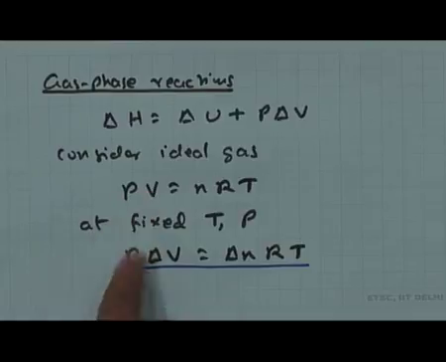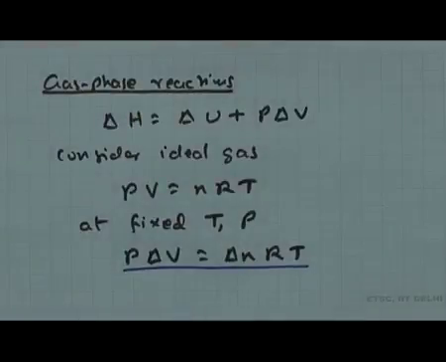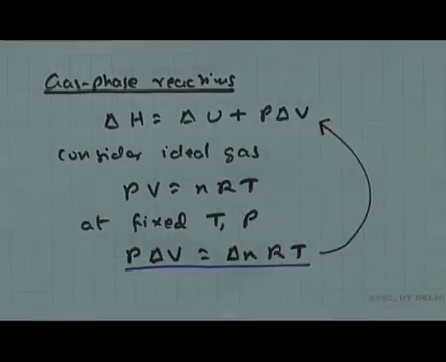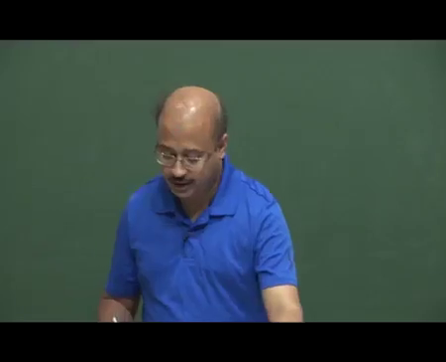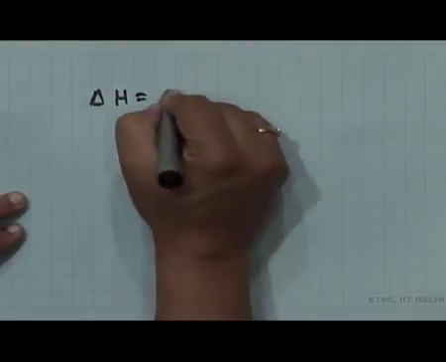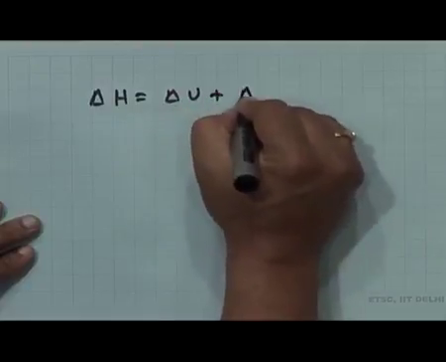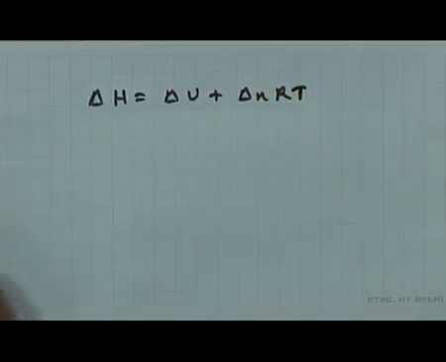V, I have replaced V by delta V now, because volume can change, obviously will change in case of gases. And then this change in volume is equal to delta n RT. So, what we can do now is take this P delta V is equal to delta n RT and use it back in this equation. Using this, we are going to get delta H is equal to delta U plus delta n RT.